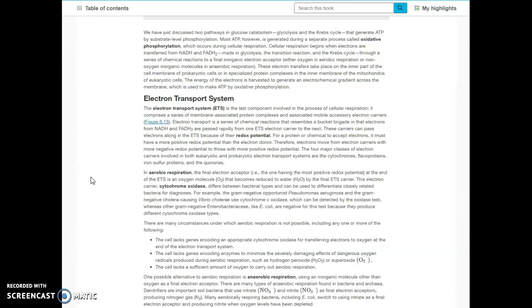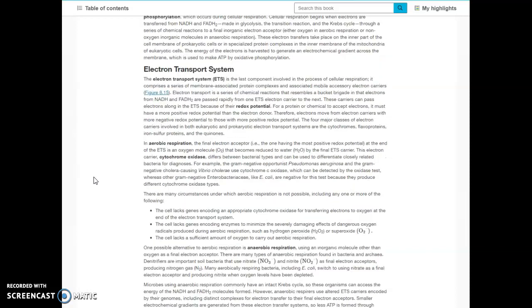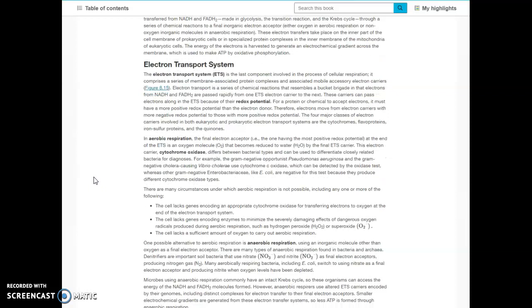And we can produce more ATP in an aerobic pathway when oxygen is present. Another alternative is anaerobic respiration, where we're not going to use oxygen. We're going to use nitrate or nitrite, some type of nitrogen containing compound as the final electron acceptor.